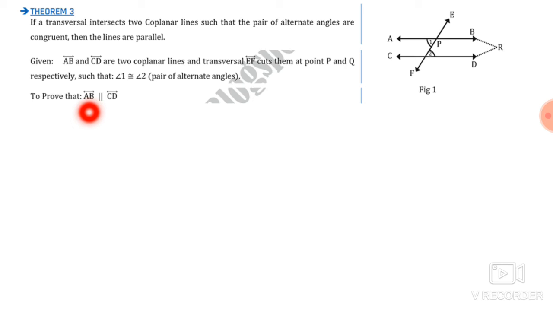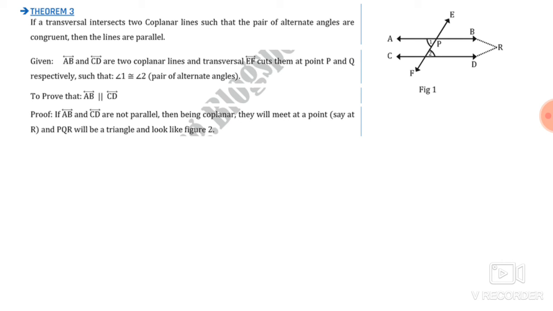So, to prove that line AB is parallel to line CD, we will consider it by assuming its opposite situation.